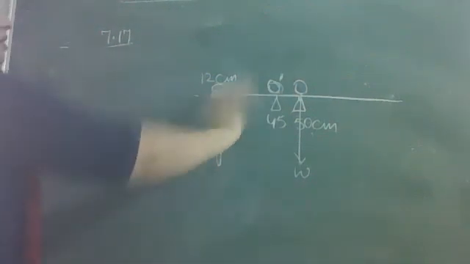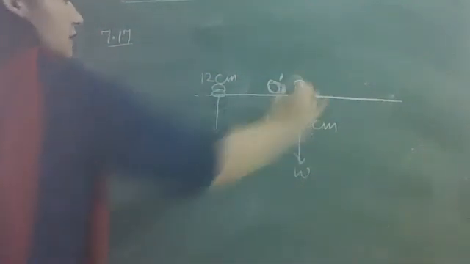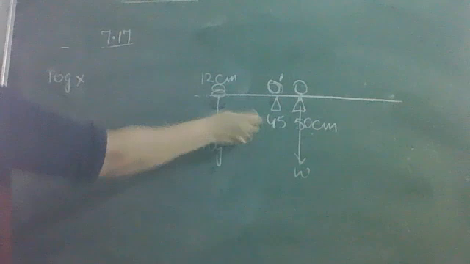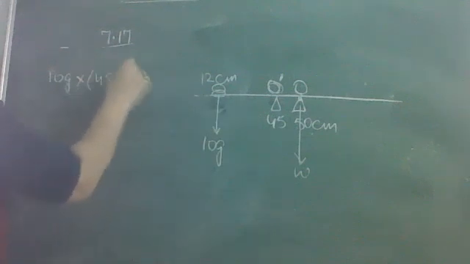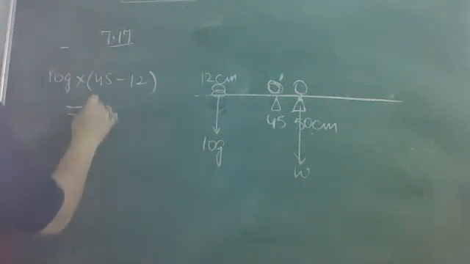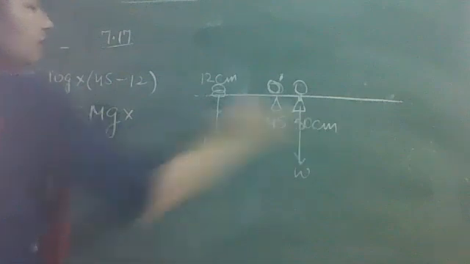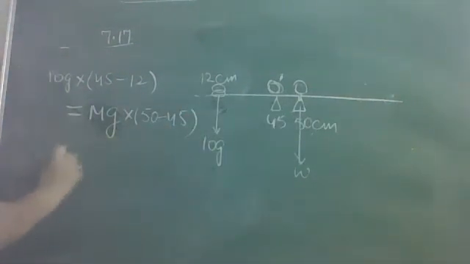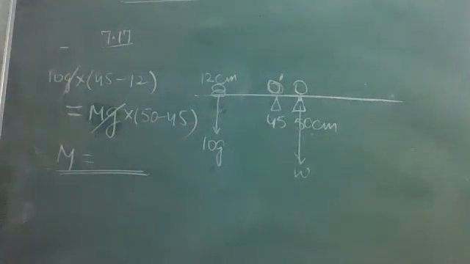So this force into this distance is this force into this distance. ठीक है, so 10g into 45 minus 12 is equal to W, or you can say capital Mg. यही मास हमें कैलकुलेट करना है. g will get cancelled on both sides, is equal to 50 minus 45.